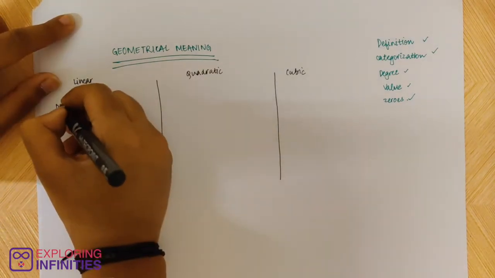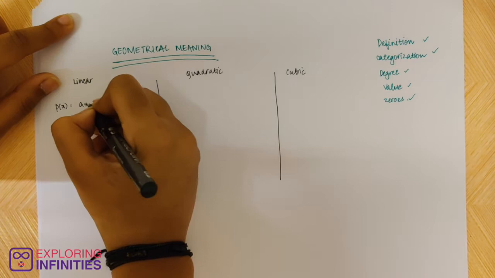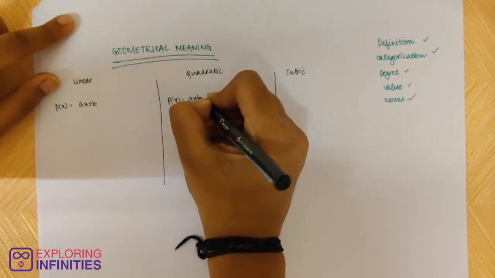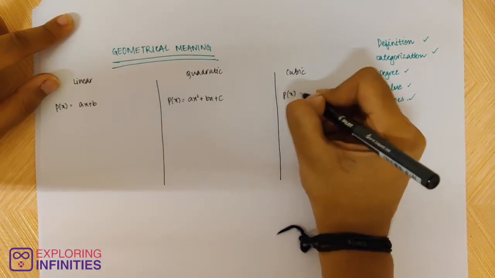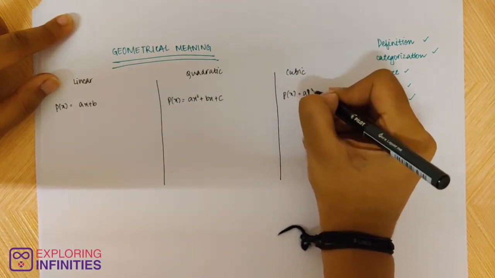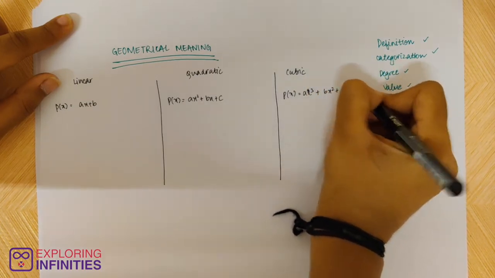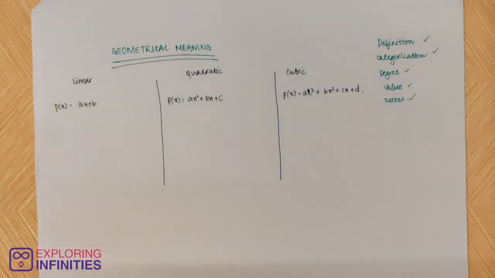So p of x is equal to ax plus b. P of x is ax square plus bx plus c, and here p of x is equal to ax cube plus bx square plus cx plus d, right? So now let me take an example each and try to explain things to you.